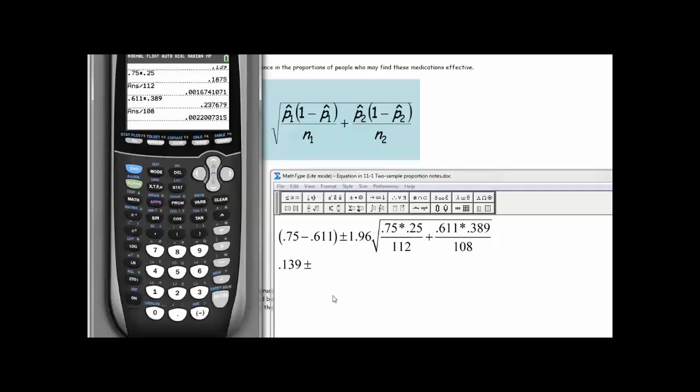Okay, so then I want to add those two decimals we just found. So the 0.002 and the 0.00167. We're going to add those up. So that's what's inside the square root. Then I want to square root it. And then I want to multiply that by 1.96.